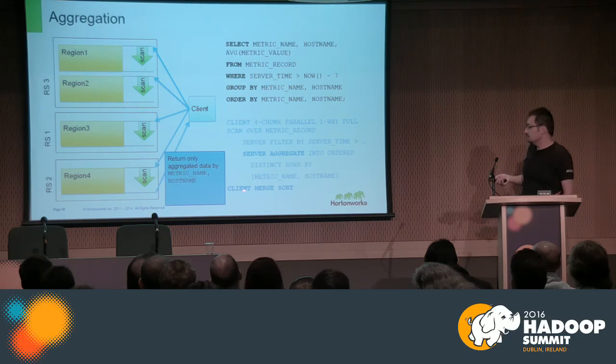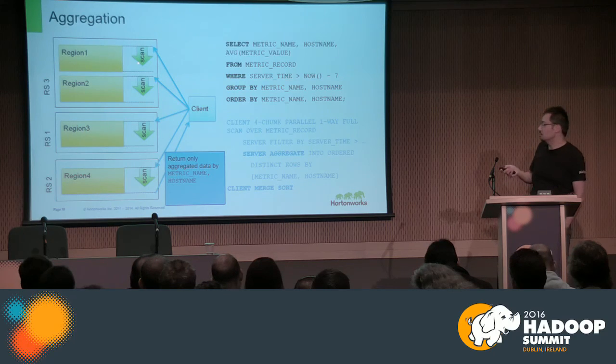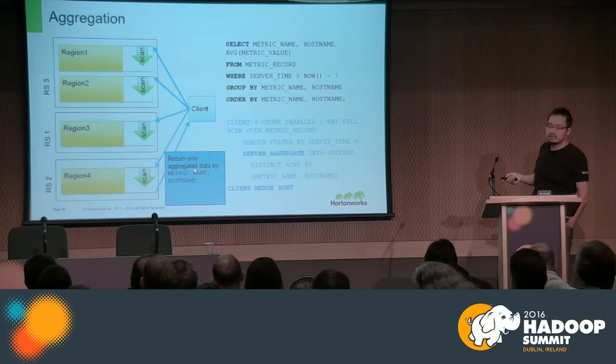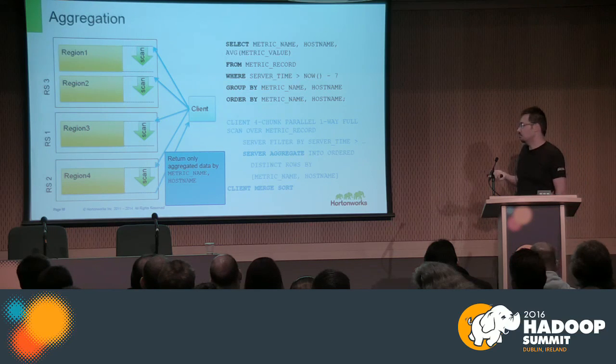The client still will do a merge sort of all the results coming in from the server sides, but the returned result will only be the aggregated data. So if these are like 1 million records each, for example, the returned results will only be the aggregate data by metric name and host name. It will be thousands of rows instead of millions of rows in this case.